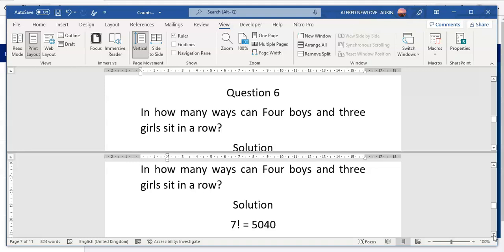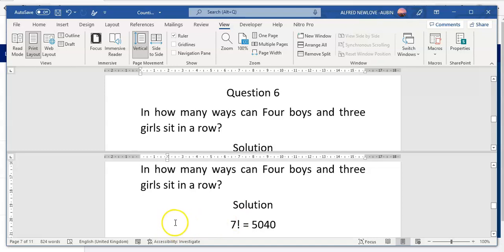Now, 4 boys and 3 girls seated in a row. So it means we need 4 spaces for the boys and 3 spaces for the girls. So 4 plus 3 in total. What are we going to have? 7. So we have 7 spaces, which is going to be 7 factorial.